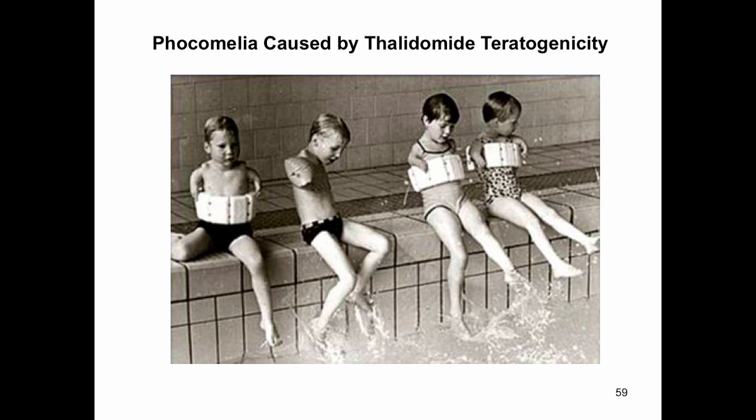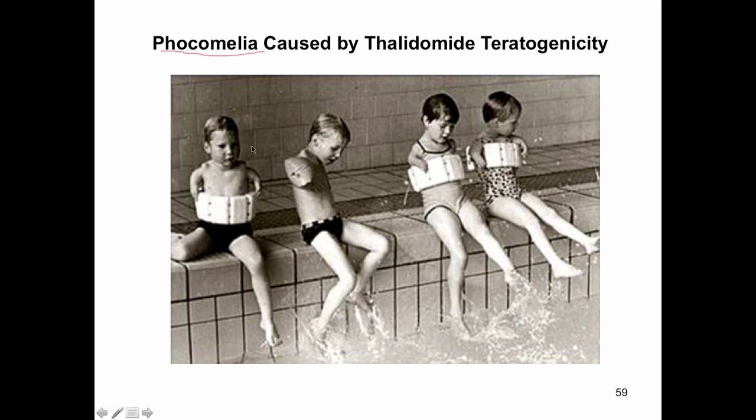So it was actually marketed to pregnant women to combat things like morning sickness and insomnia. Now, later in 1960 to 61, they found that thalidomide was causing significant birth defects in the form of a condition they called phocomelia.